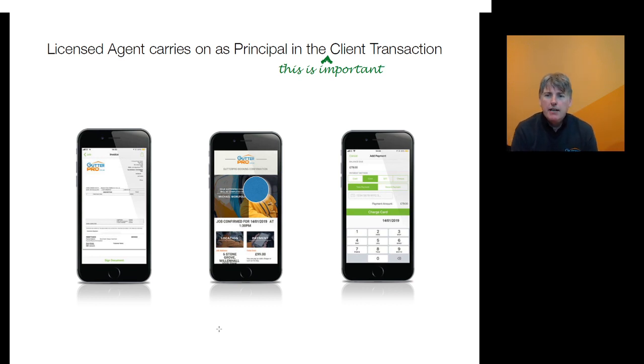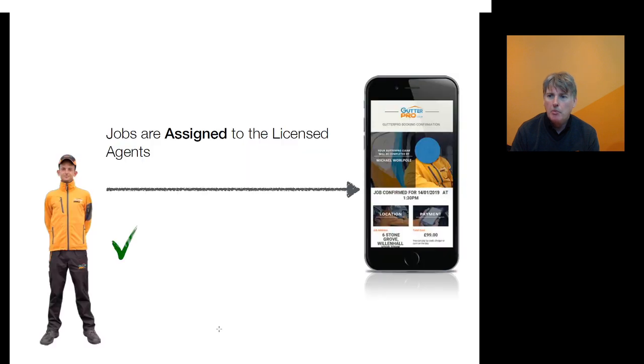Now, this sounds crazy. Why would I want the customer to pay this licensed agent? Well, what happens if they run off and don't pay me? But this is so important to maintaining the position of that person being self-employed, because they're doing the job for multiple customers, and that is one of the most important tests that the courts and HMRC go on to apply.